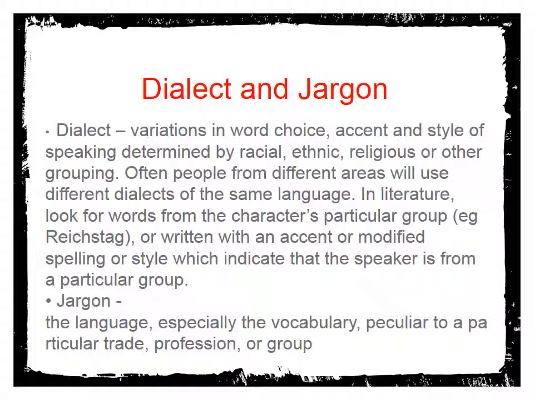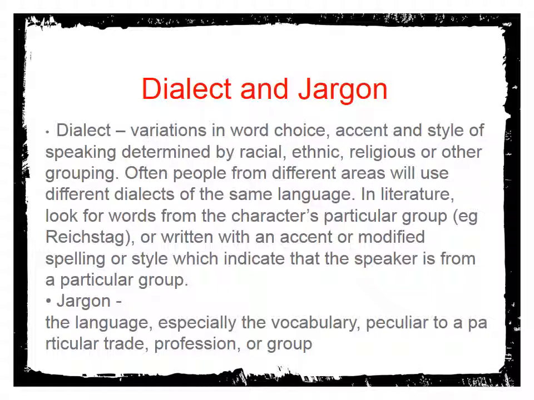The final thing that we look at is dialect and jargon. Dialects are basically variations in word choice, accent and the style of speaking determined by the different racial, ethnic, religious or other groupings that a person might come from. Often people from different areas will use different dialects of the same language. So someone in the north of Germany will speak slightly differently, use slightly different words and a different accent than somebody who lives in the southern part of Germany.